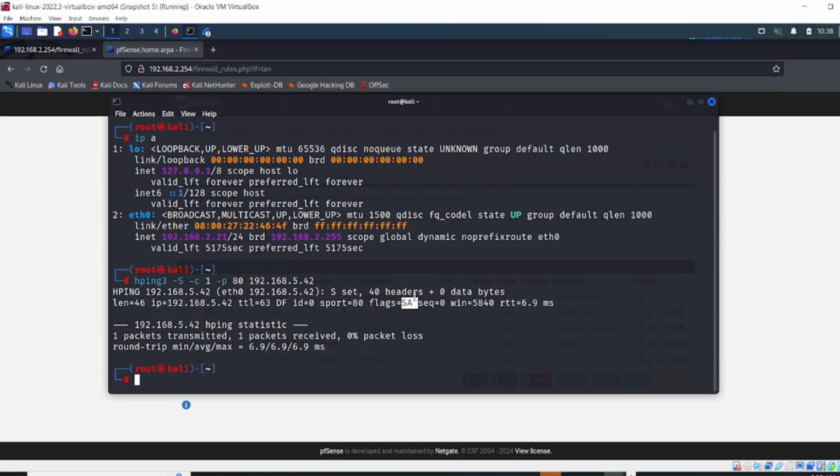Let's actually do a land attack against the Metasploitable machine. And essentially, we are going to be sending a packet to another machine and spoofing that machine's IP address and its source port. So let's go ahead and make sure we got Wireshark running here.